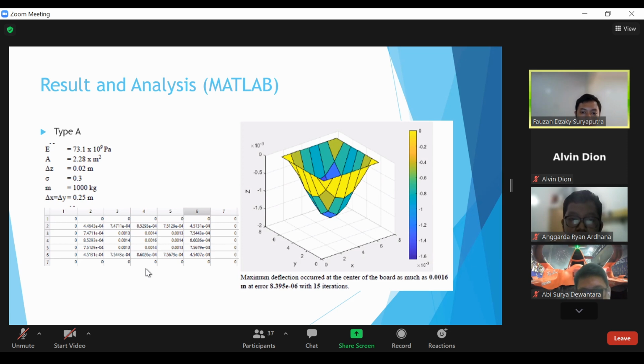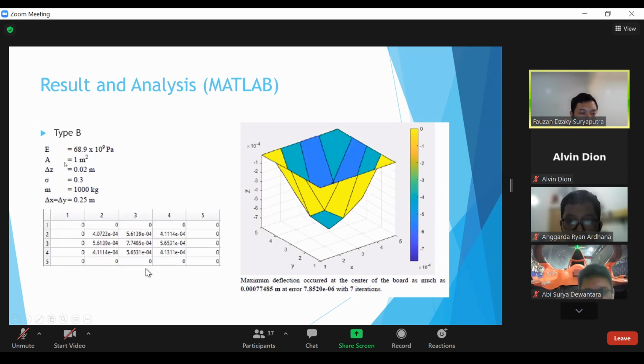And then this is for plate A, and for plate B here is this. And here the plot is smaller than the type A. For type A we use 7x7 nodes, and in B we use only 5x5 because the size of the plate in question is smaller, but we use the same delta.